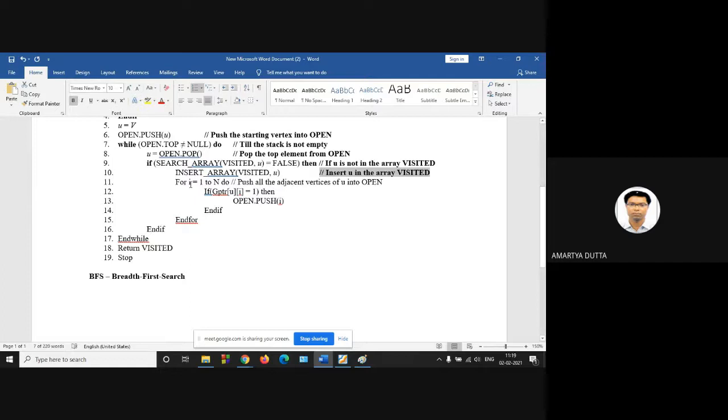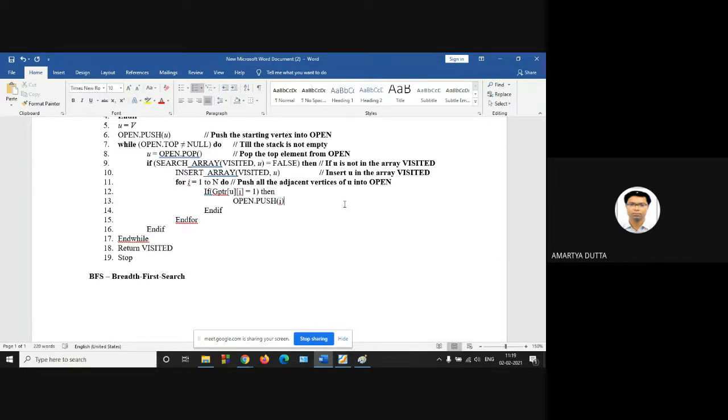Okay, now for i is equal to 1 up to your n, that is, now we are scanning all the vertices that are adjacent to u. So from an adjacency matrix, how can we get the adjacencies of a vertex?